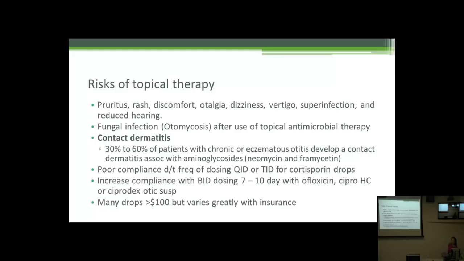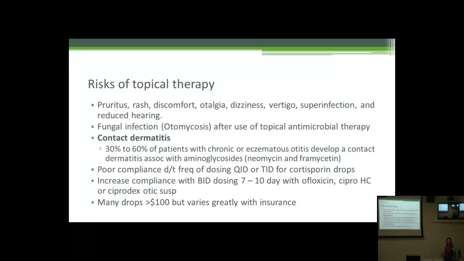Now, Cortisporin is a drop that contains 3 to 4 different ingredients. Neomycin is the one agent that a lot of people do have sensitivities to, and they develop contact dermatitis. And so if they've ever had any history of that, please do not use that. Also, do not use Cortisporin in somebody who has a perforation, because neomycin can be ototoxic to the inner ear.